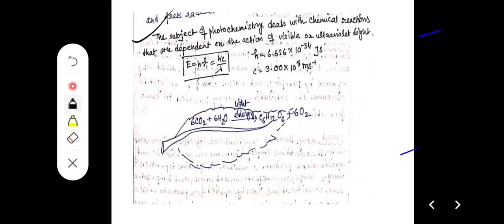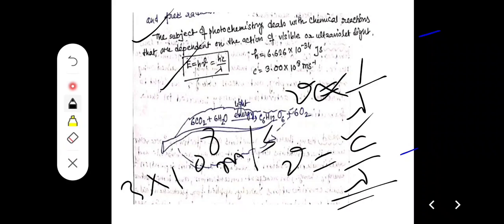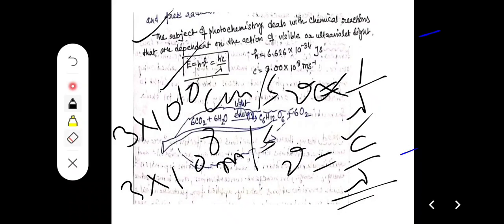From Planck's equation, E equals h nu, and h nu equals hc by lambda, where nu is the frequency and nu is proportional to 1 by lambda, so nu equals c by lambda. c is the velocity of light, 3 into 10 to the power 8 meter per second, or 3 into 10 to the power 10 centimeter per second if we convert meter to centimeter. Lambda is wavelength, nu is frequency.